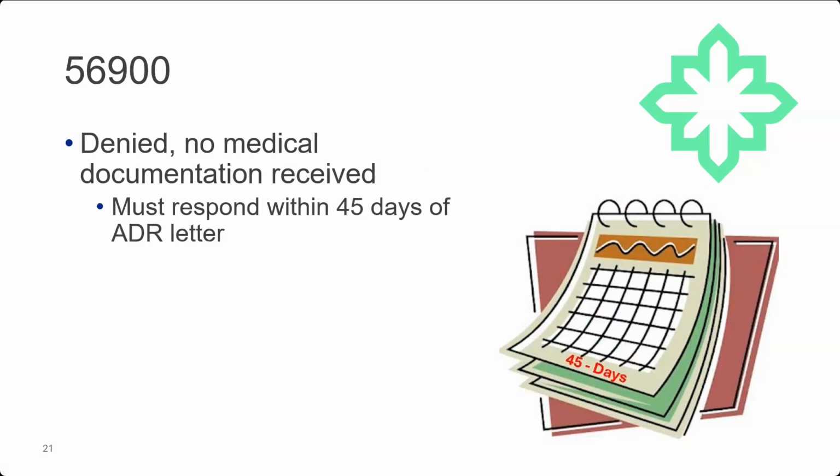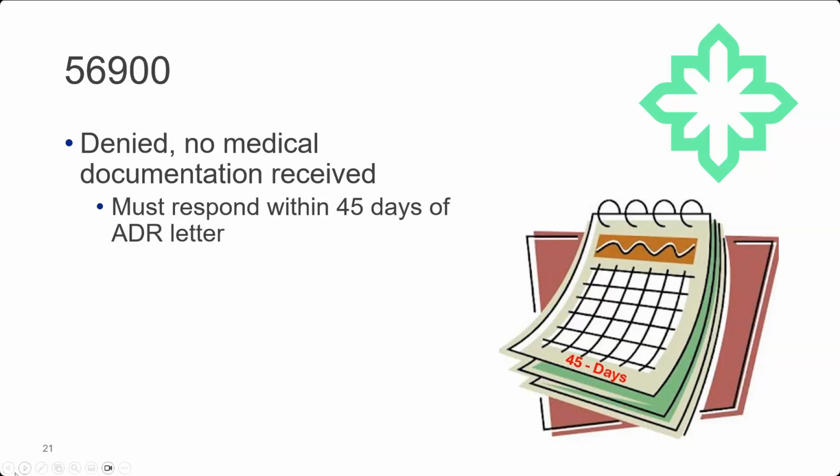We also provide you with a letter notifying you of this and of what reason code you should be looking for if your documentation hits an ADR request. You should have someone watching your claims for this service, for any claim that hits that ADR request, and make sure that you are responding appropriately, because missed submissions will cause denials. So, no documentation received denials.